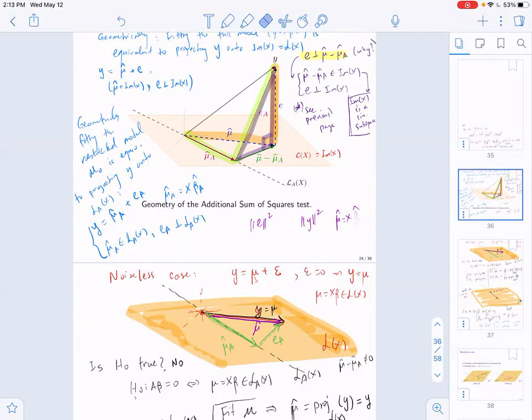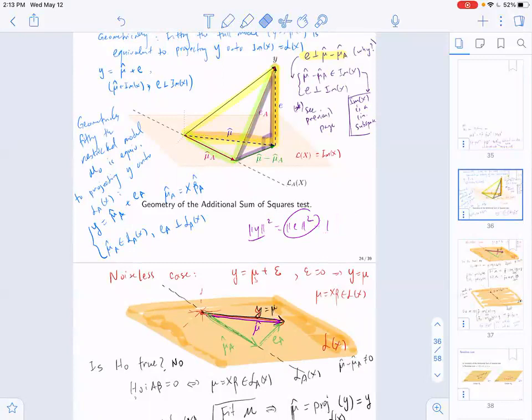And you can see from the figure, because we're in this triangle, that y squared is equal to this plus mu hat squared. So given this and this, you should be able to compute this.